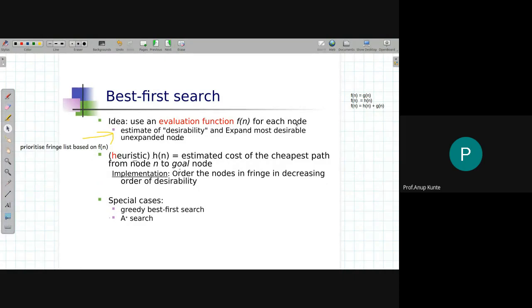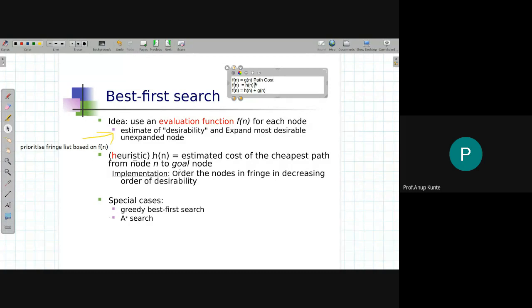Now, as I already told you, I can choose amongst three ways to calculate f of n. The worst possible way in this case would be to use g of n, which is there in the definition of the problem, called the path cost.